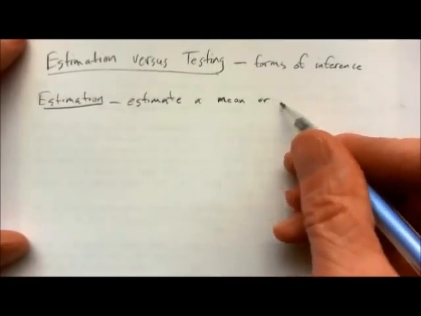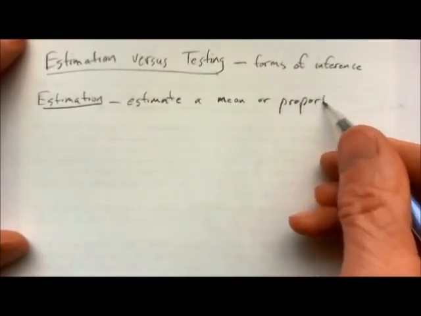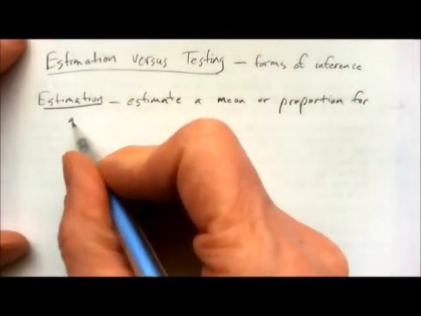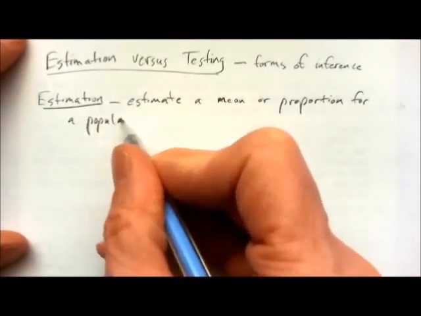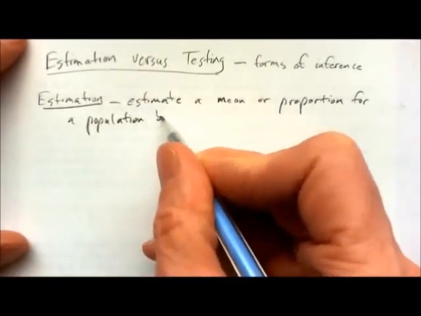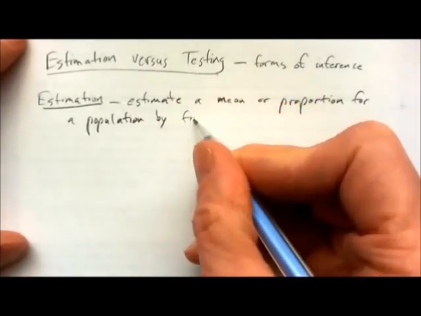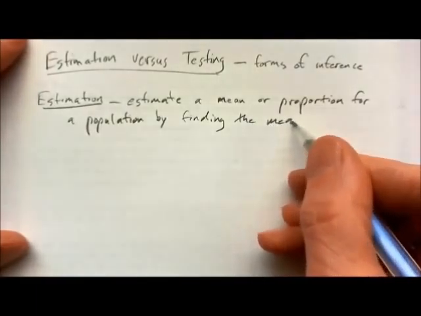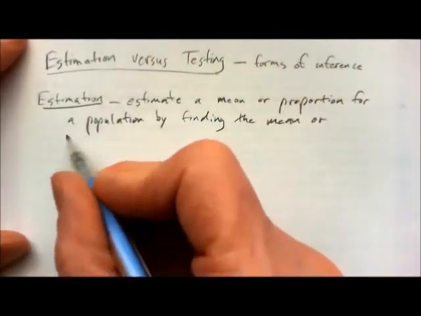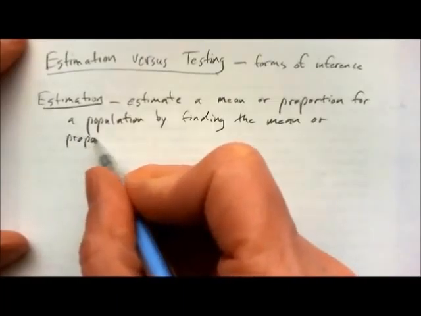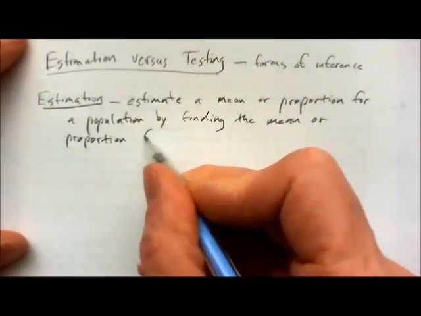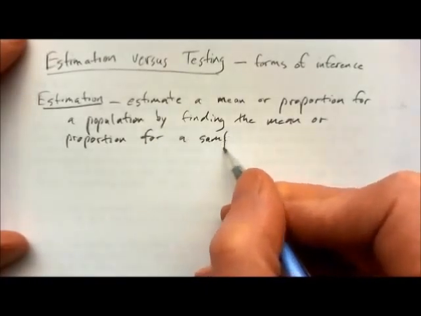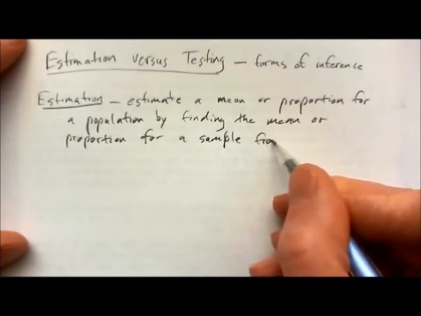Estimate a mean or proportion for a population by finding the corresponding mean or proportion for a sample taken out of that population. A sample from the population.